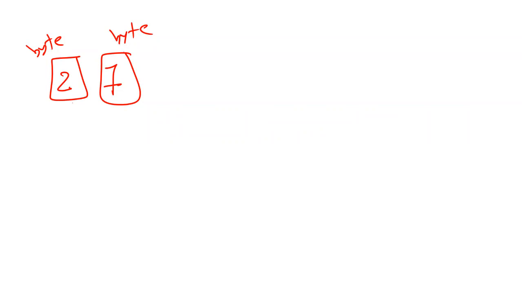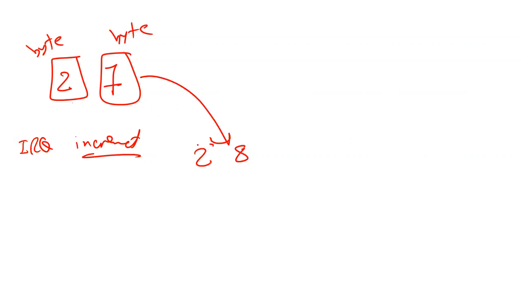Okay, so it's 27. Now, how is IRQ going to increment? Look here, guys. I'm going to take the first byte and add 1. So now it is 8, and then I'm done. If I increment the first one and it is less than 10, I'm done.